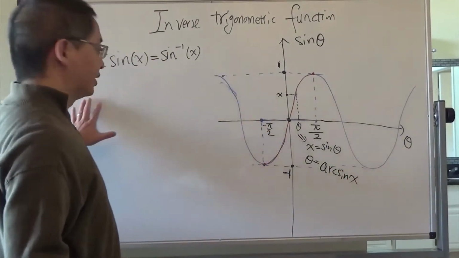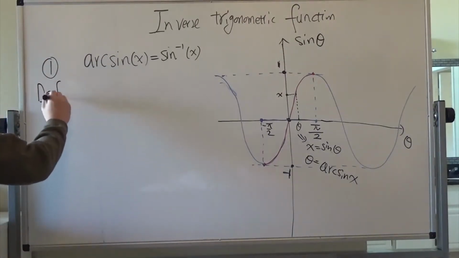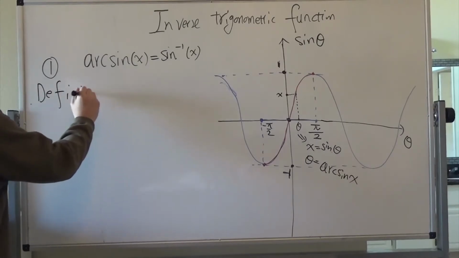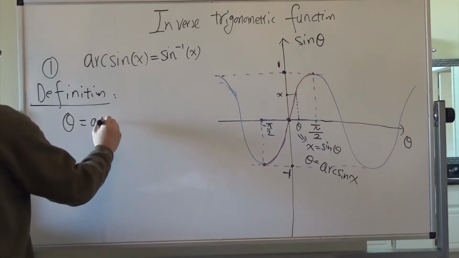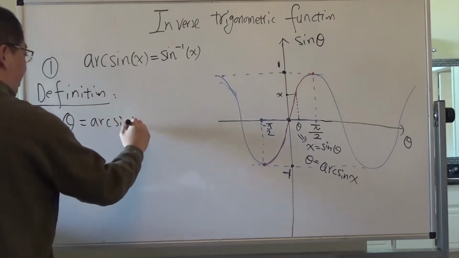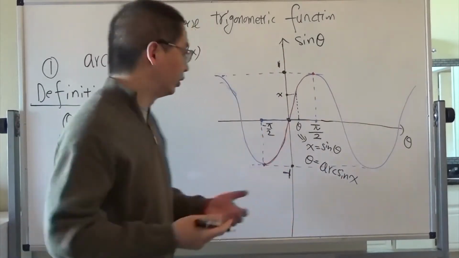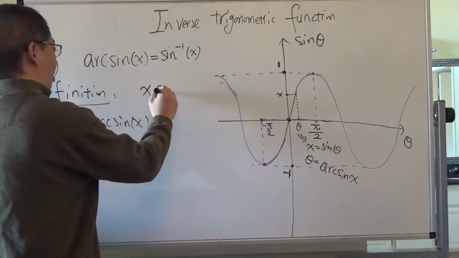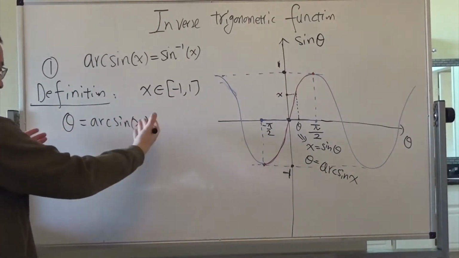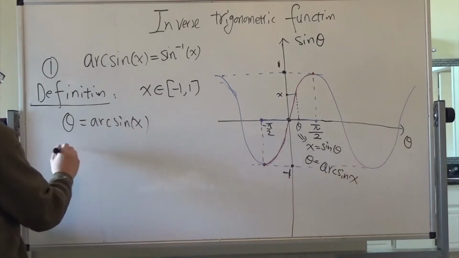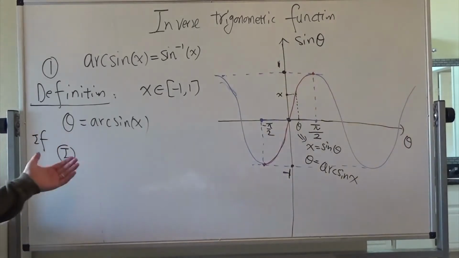Let me write down and repeat the definition here. We say theta equals arcsine x. Now, x is the value of the sine function, so of course it is between -1 and 1. For x belonging to the interval -1 to 1, we say theta equals the inverse function arcsine x if the following two things hold.